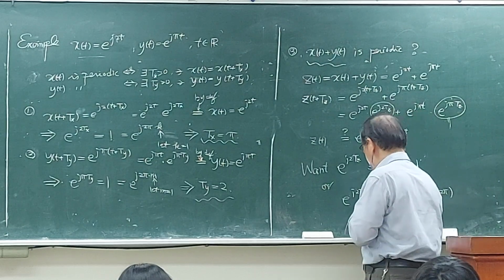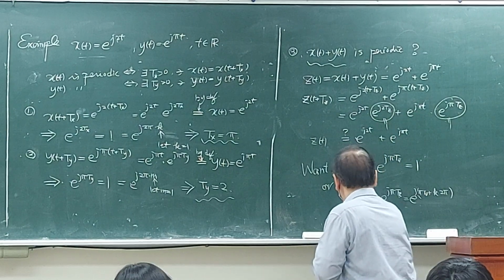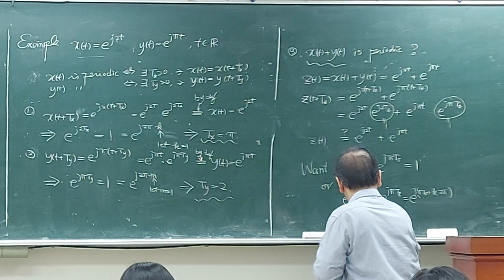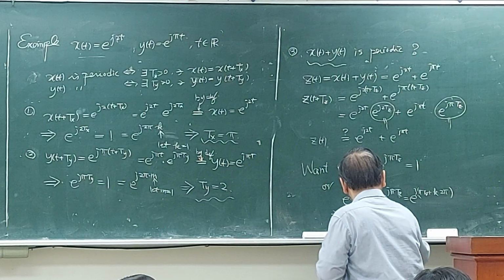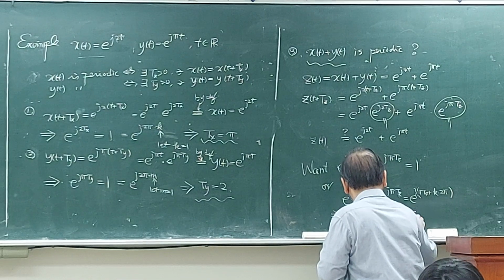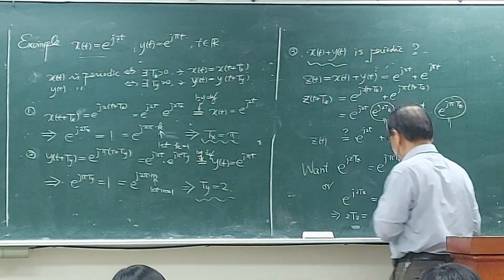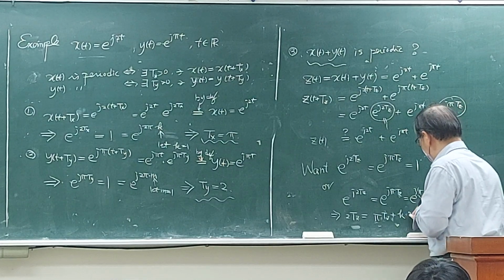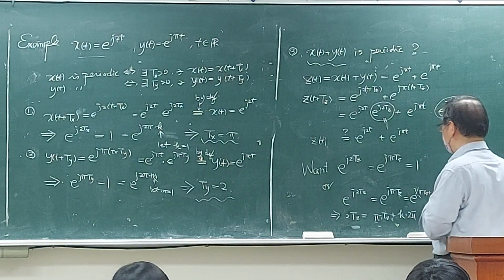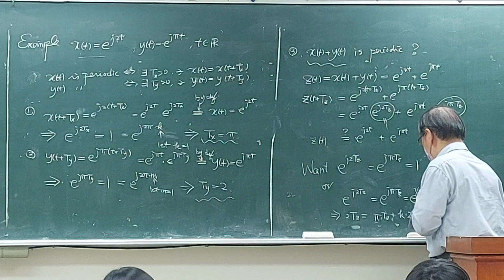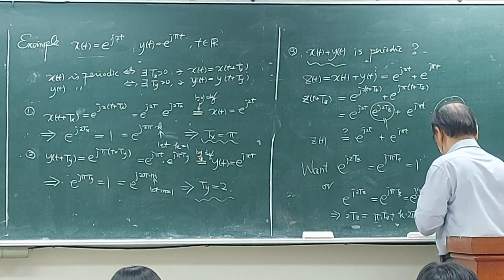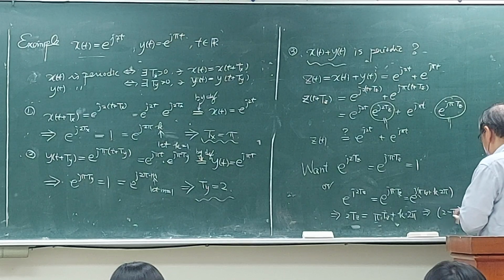So I find TZ, which means 2TZ equals pi TZ plus K times 2 pi. Or 2 minus pi TZ is equal to K times 2 pi.